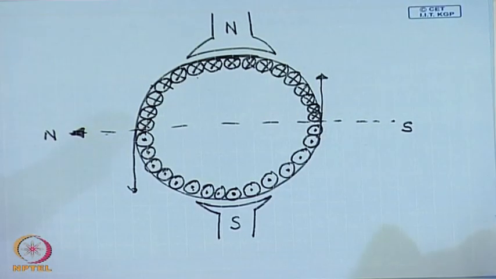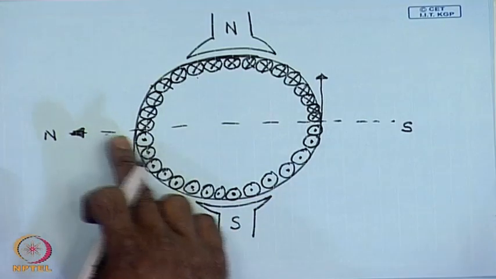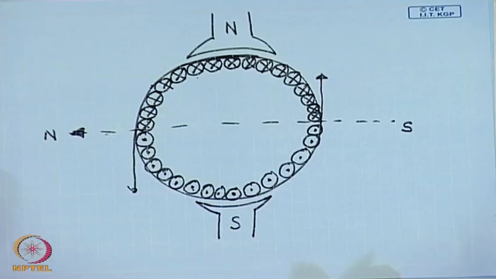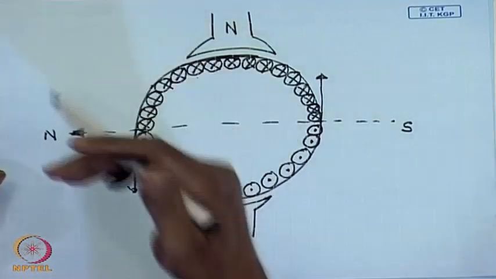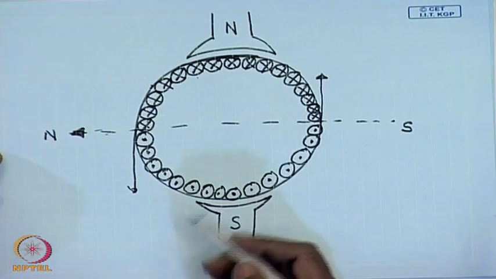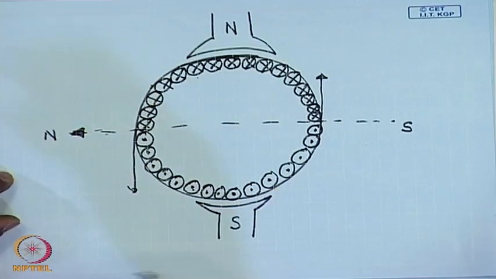However, it is important that as it rotates, the overall picture of the current conduction must not change. That is, the top half should still be carrying all cross current, the bottom half in this diagram should still be carrying dot current, although the current in individual conductors may change.